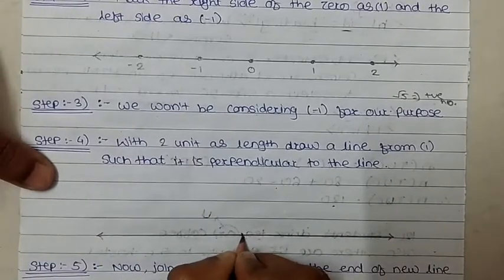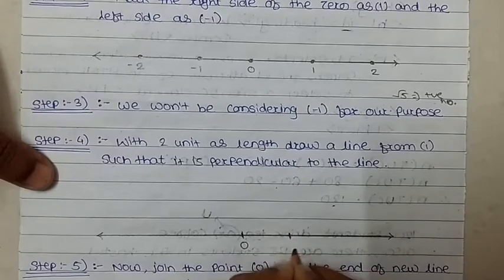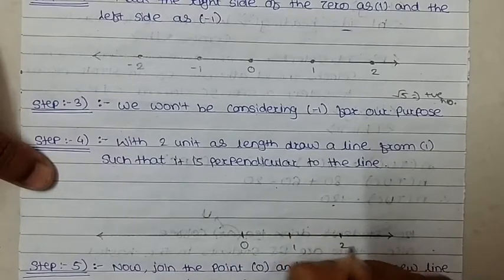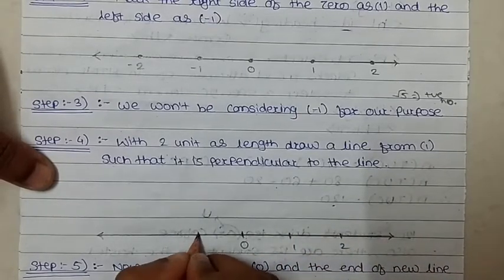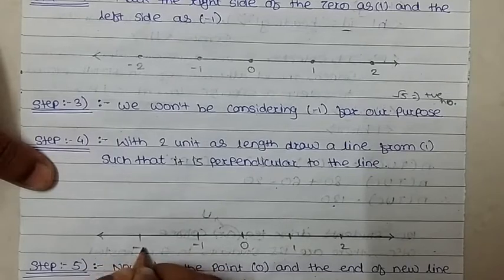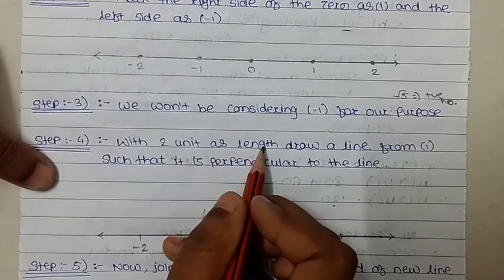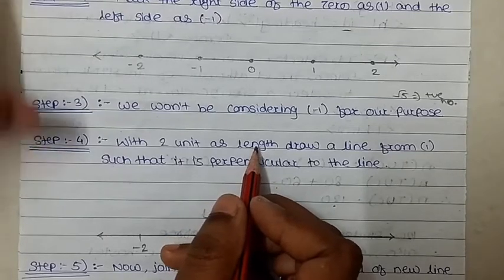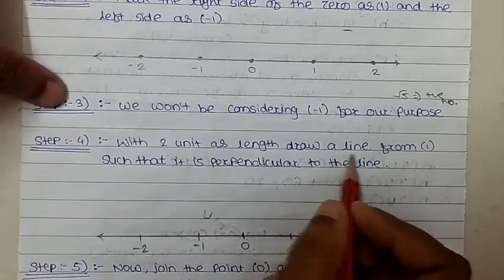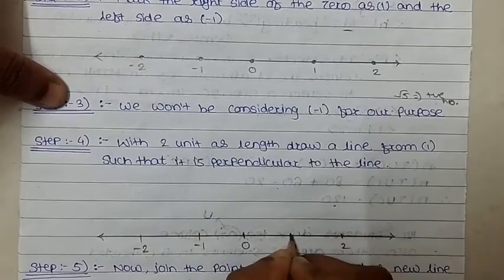Here is 0, 1, 2, and this side -1, -2. Now we have to consider 2 units as length. What is the length of your perpendicular line? That is 2 units, and it is drawn from 1.